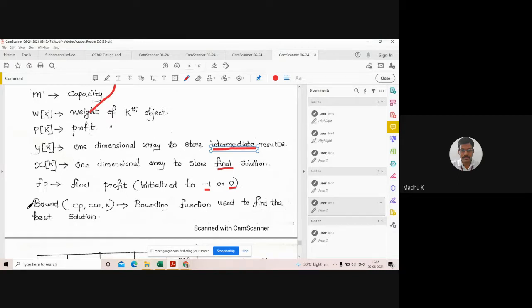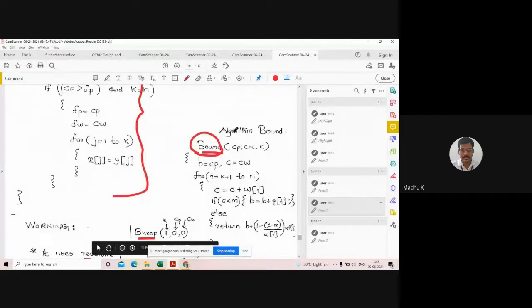Then another is the bound function. I already told you what the bound function is. There are three parameters: CP, CW, k. CP means current profit, CW means current weight, k means the kth object index. What is the use of the bounding function? It is used to find the best solution. This is the algorithm for the bound function.